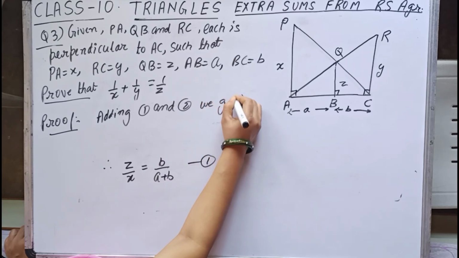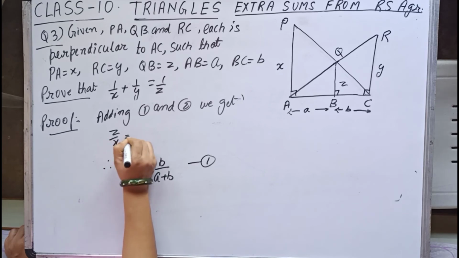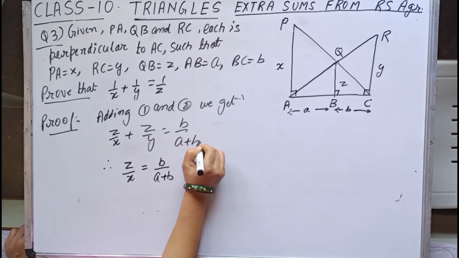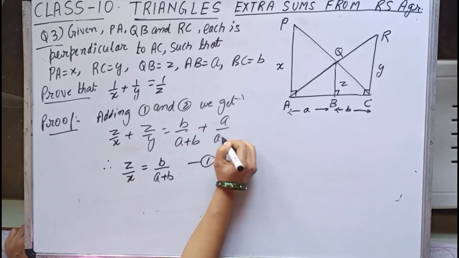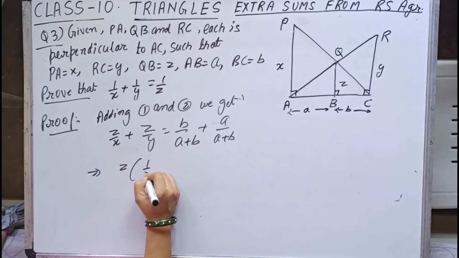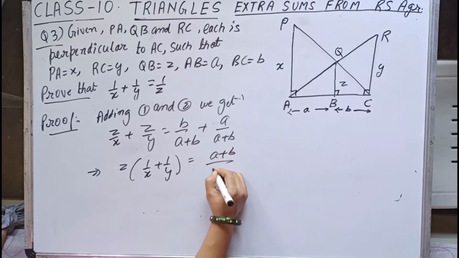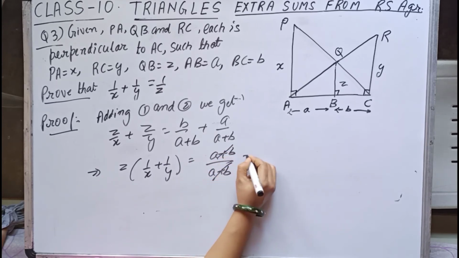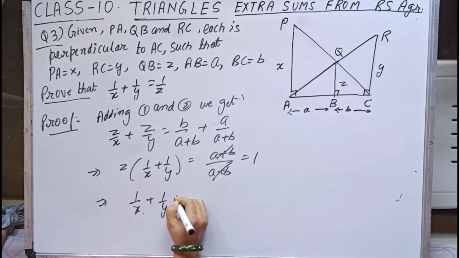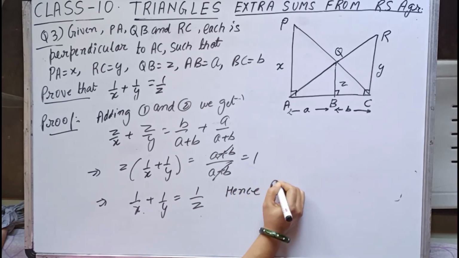We get Z by X plus Z by Y equals B by A plus B plus A by A plus B. This implies Z times 1 by X plus 1 by Y equals A plus B by A plus B. These two will be cancelled. We are getting 1. This implies 1 by X plus 1 by Y equals 1 by Z, and hence we are proved.